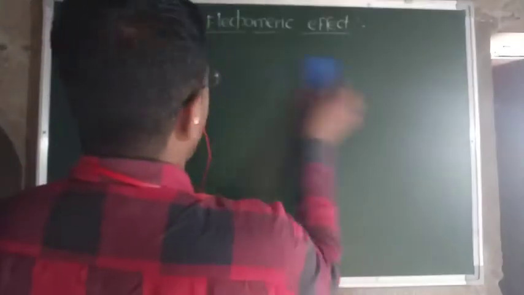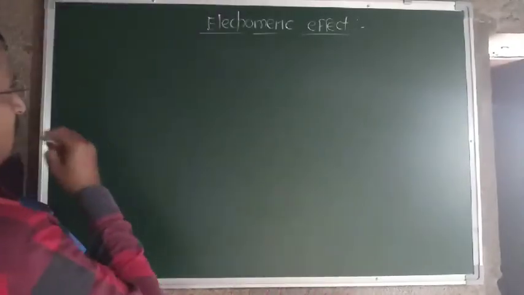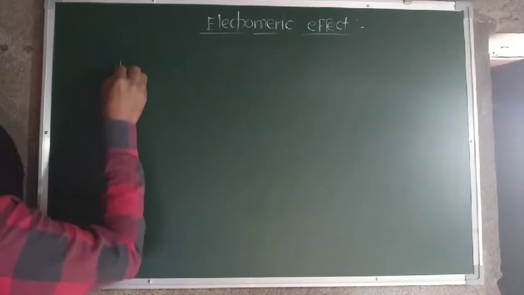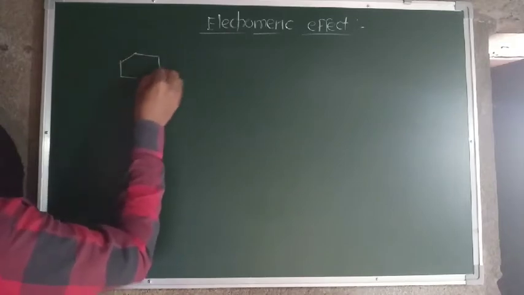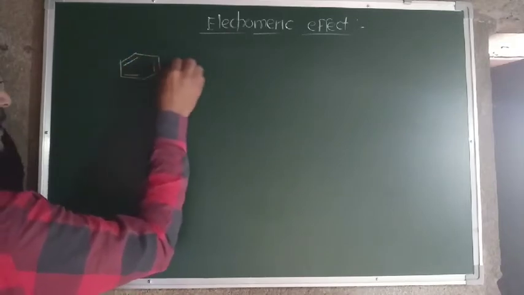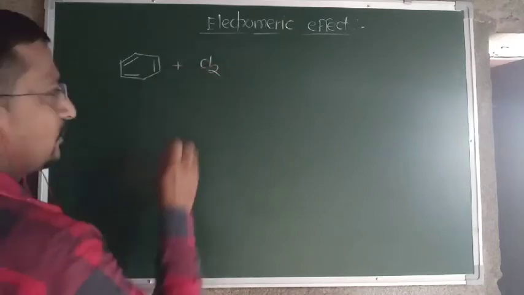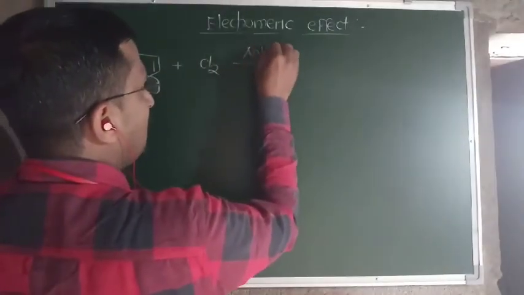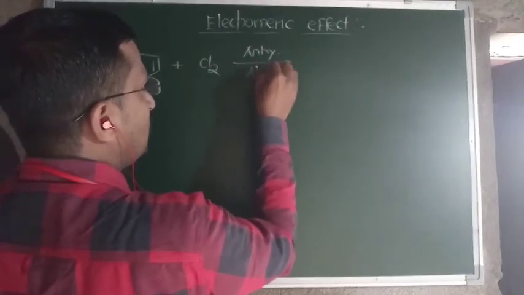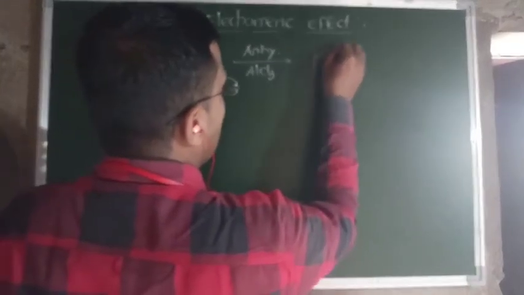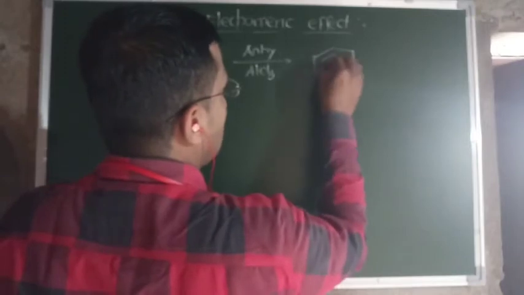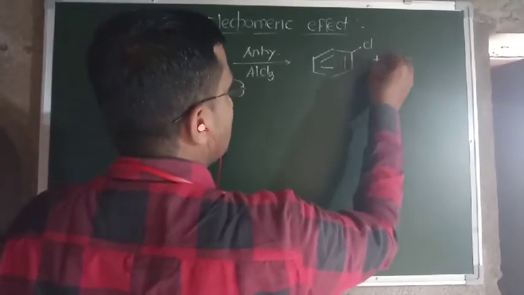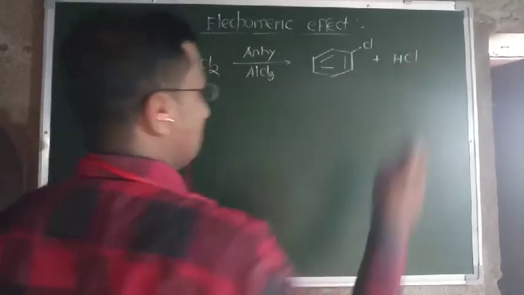Now one more point. If you consider benzene, and if you add chlorine in the presence of anhydrous AlCl3, the product is chlorobenzene with HCl.